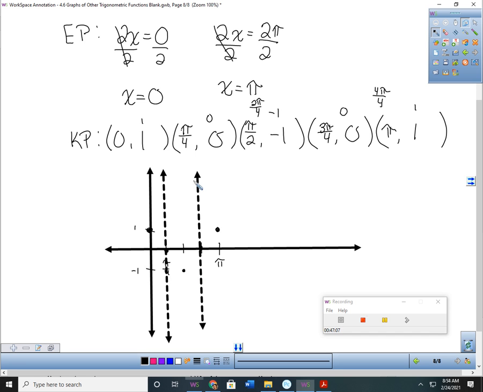So this bottom one is going to go down. And this one, you only need to draw the side that's right here next to the asymptote. Since this is a maximum, it's going to go up towards this and up towards this. So these are kind of funny looking, but they are what they are.